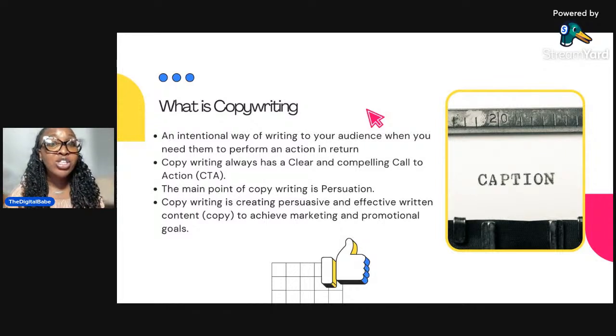Now, the main point of copywriting is persuasion, right? Now you see these two AirPods. I have these two AirPods here, and they are both black. They are both the same. And then one person, seller A, tells me that, oh, this is our Oraimo earbuds. It's really good. You can buy it. And then the second person tells me that this AirPods is only sold in Nigeria.